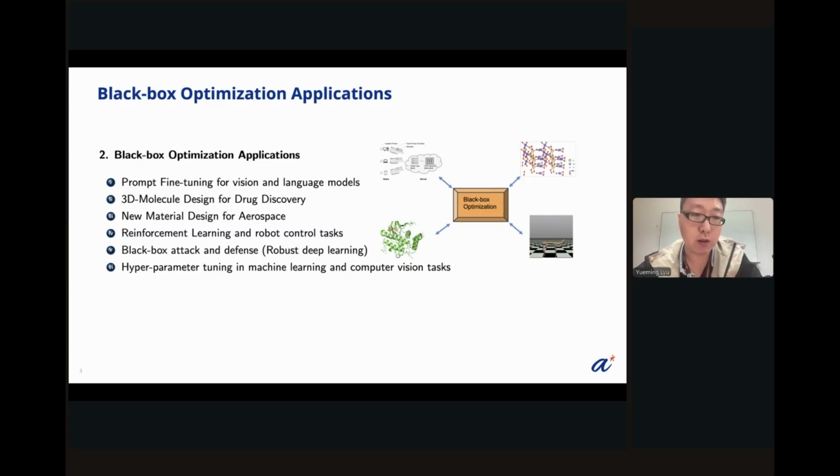Also, for 3D molecular design in drug discovery, we can only access the simulation package's feedback score, like the VINA docking score, which computes the docking energy of the molecule binding to the target protein. Also, for new material design, we can only access expert preference feedback. Usually, it is black box.